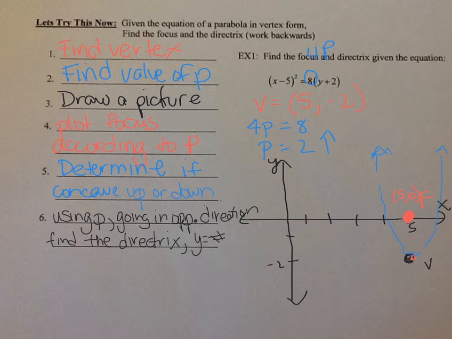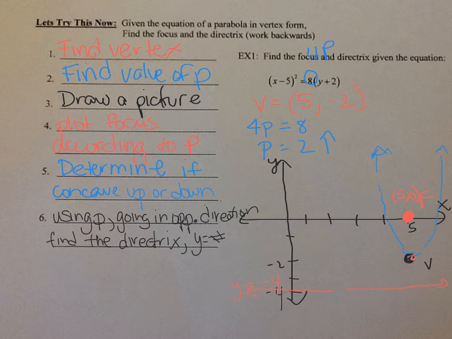All right, so my p, which was 2, and that was up 2 for the focus, now I actually have to go down 2. So I'm going to need 2 more slashes down here. That'll actually put me at -4. So therefore, my directrix, which is down 2, is going to go right through y = -4.